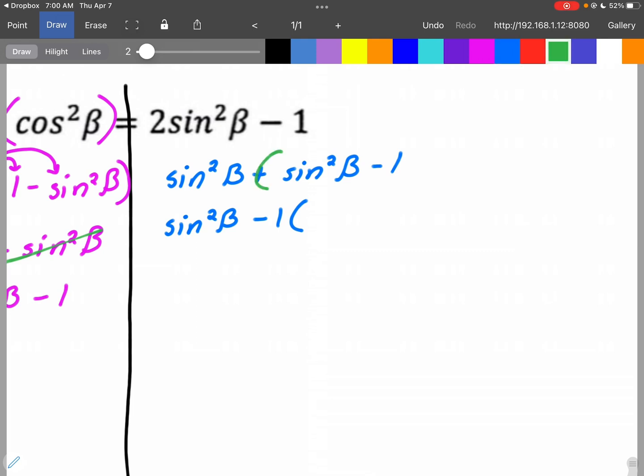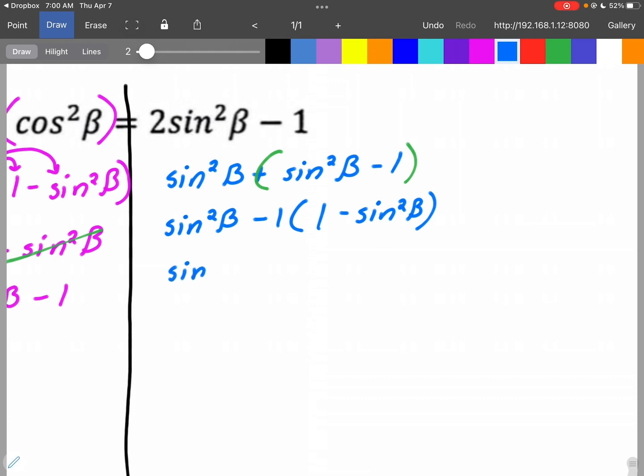If I factor a -1 out of the -1, that leaves me with a +1. And if I factor -1 out of my positive sine squared beta, that leaves me with a negative sine squared beta. And so then that is a Pythagorean identity.